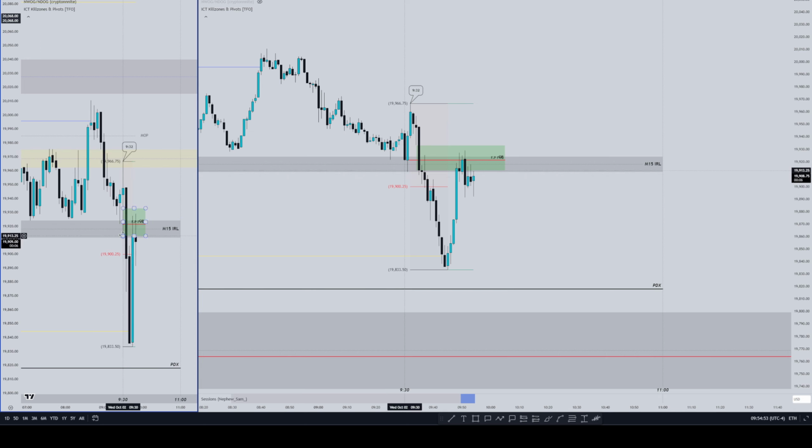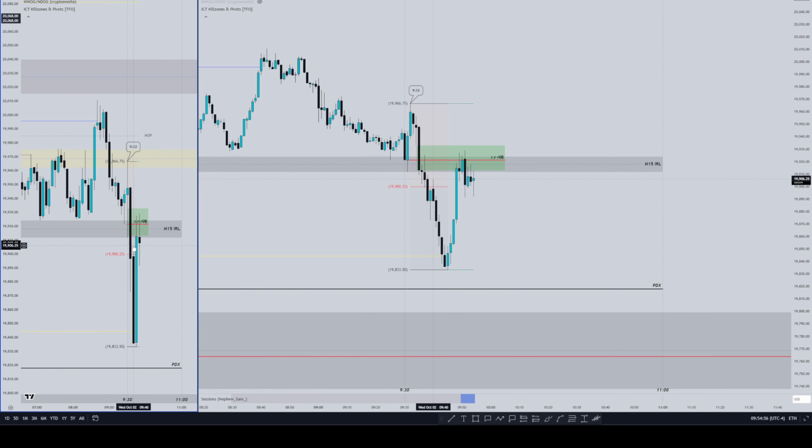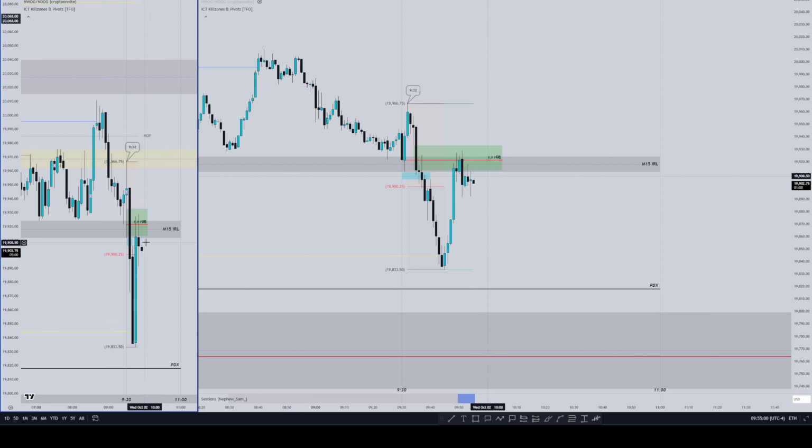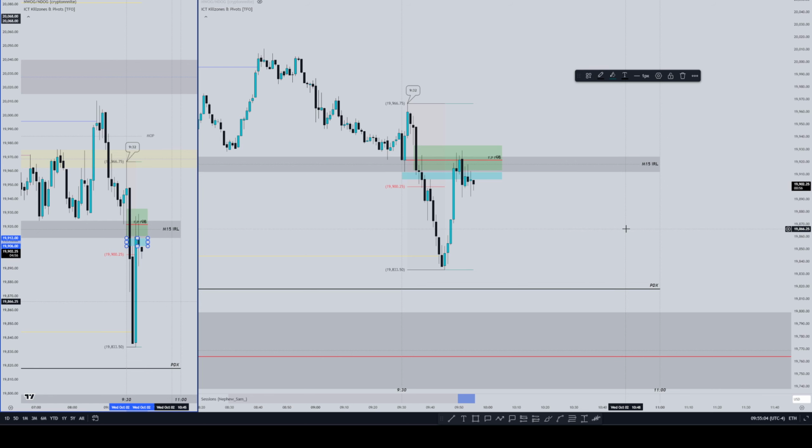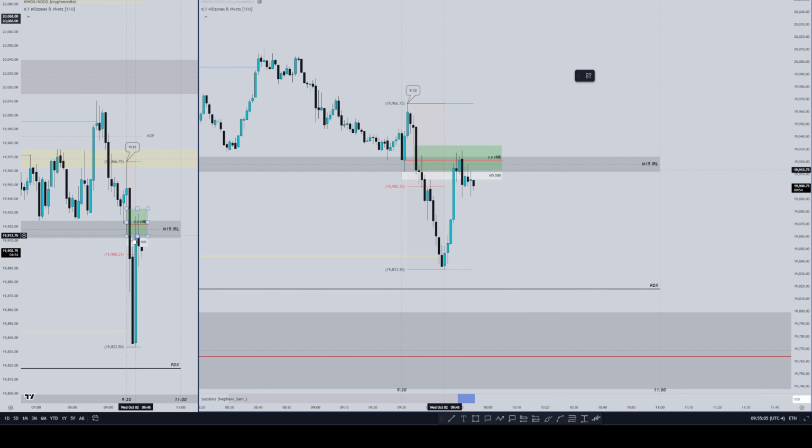The 5-minute is still looking decently healthy. We've got this 5-minute SIBI in here. Can mark this out. Price is currently holding. Candle body is closing within it. Candle body is also closing below the 15-minute inversion IRL.